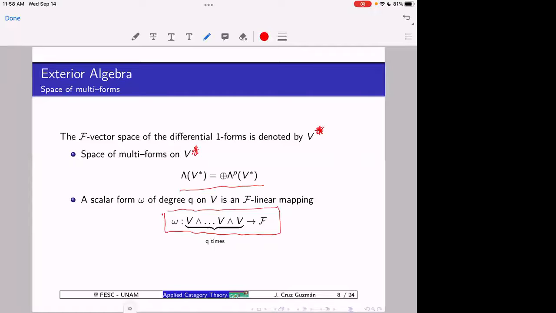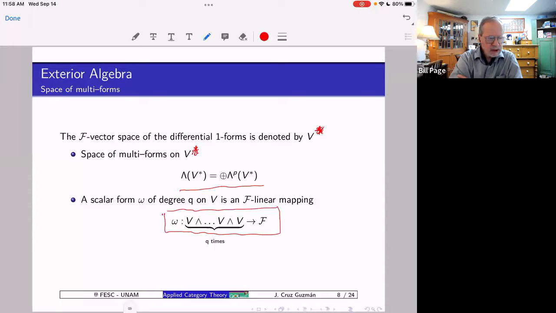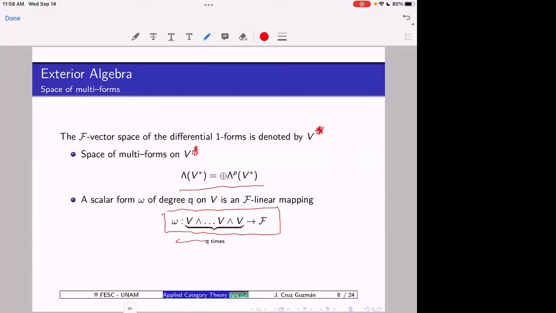In fact, here there is simplicity. Do you mean V star here or V? Here this is V. Yes, it is V, because the scalar form acts on V.